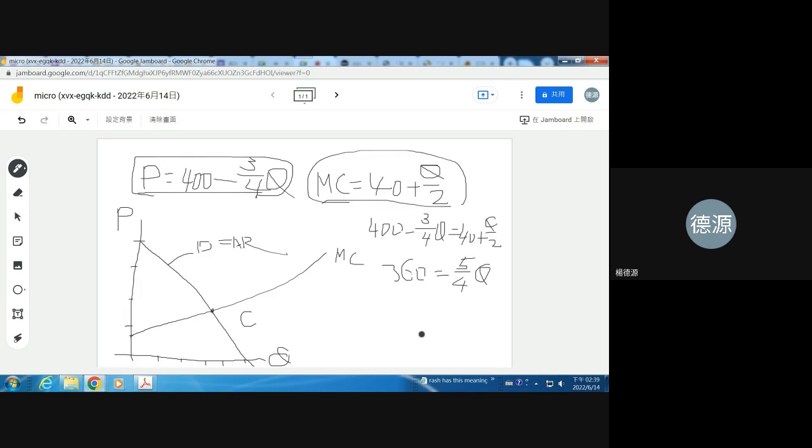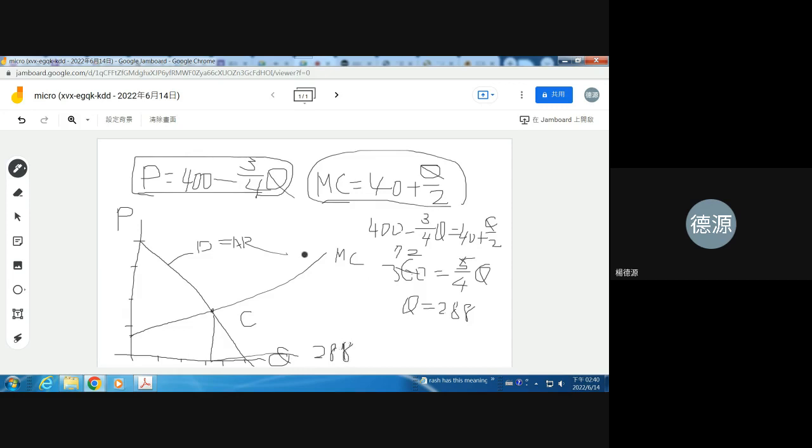So how much is that? Well, anyway, 72, right? So Q is equal to 288. So here it is 288.